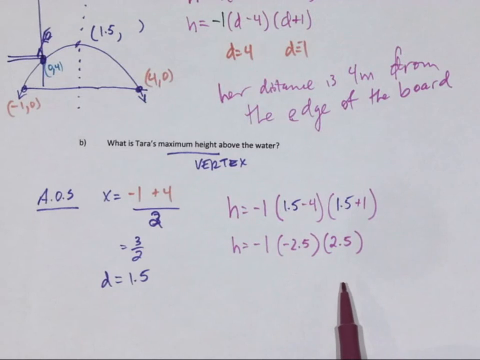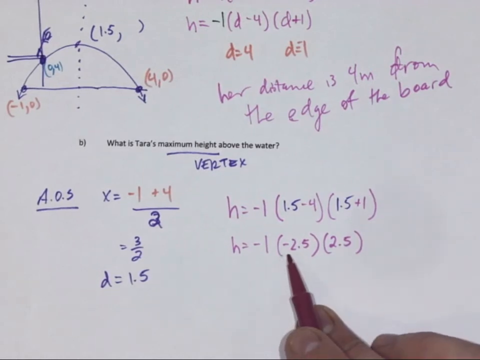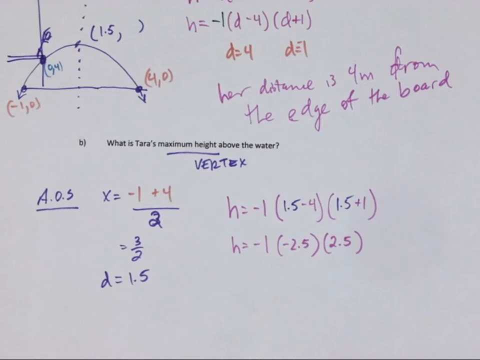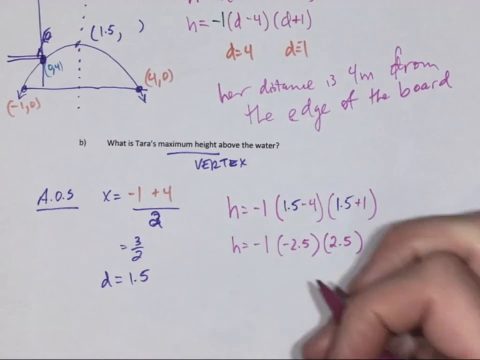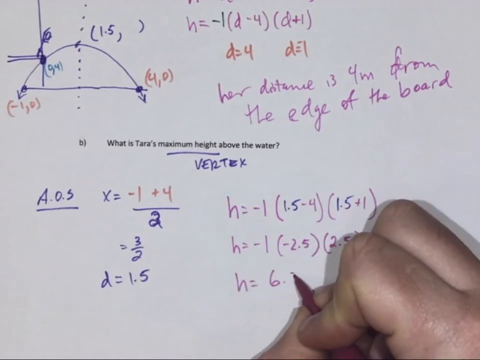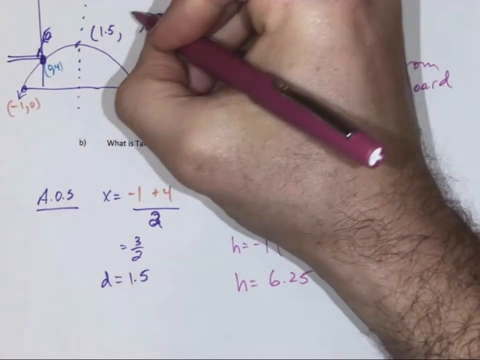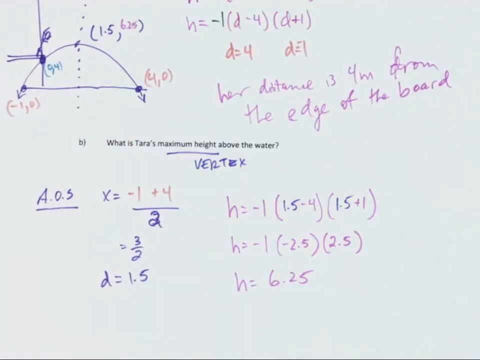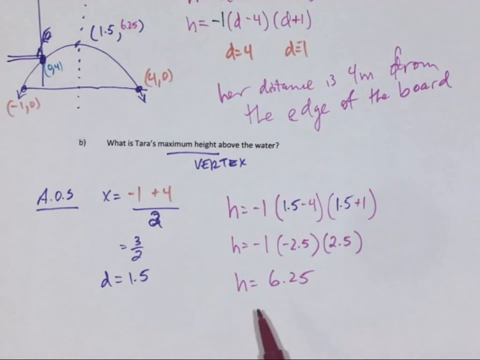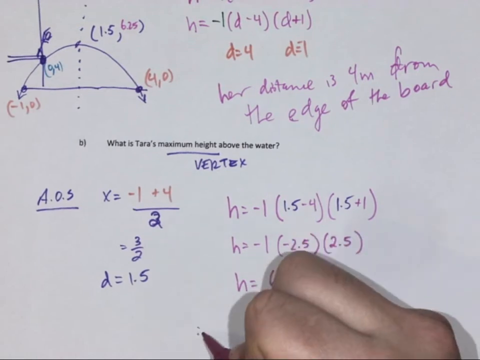2.5 times 2.5 times negative 1 is 6.25. So again, that is my y value of the vertex, and that is her maximum height.